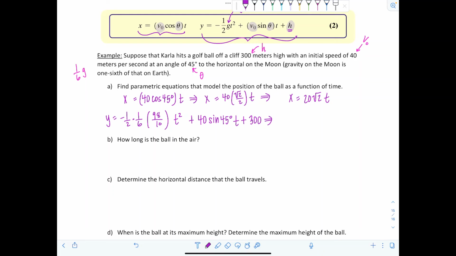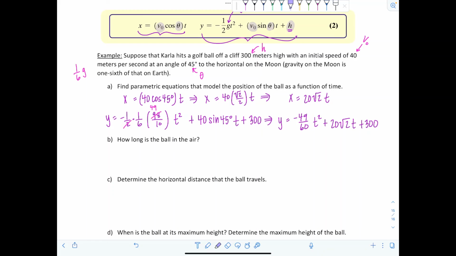Then if you clean it up, a lot of stuff will cancel here. I can divide this 2 into 98. That's going to give me 49. I don't think anything else reduces. 49 is just 7 times 7, and 6 and 10 don't go into that. So this is going to be y equals negative 49 over 60 t squared plus 20 rad 2 t plus 300.